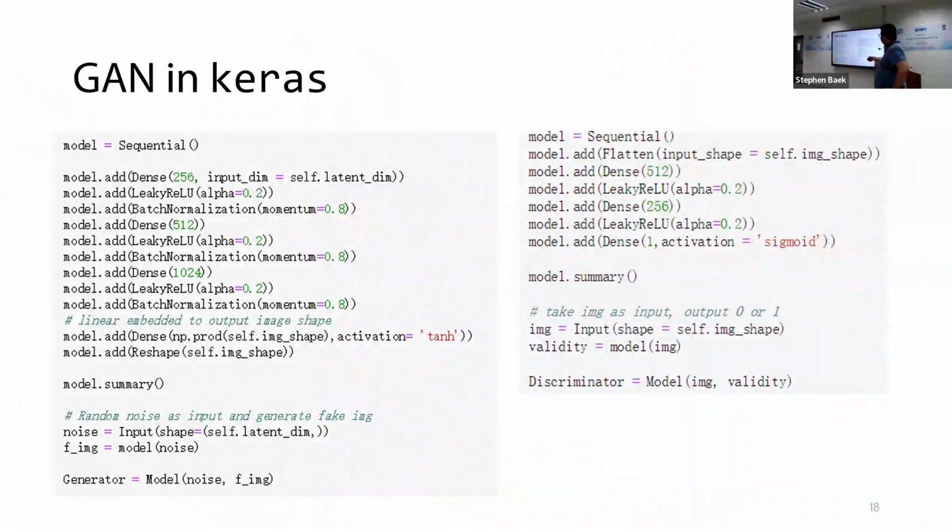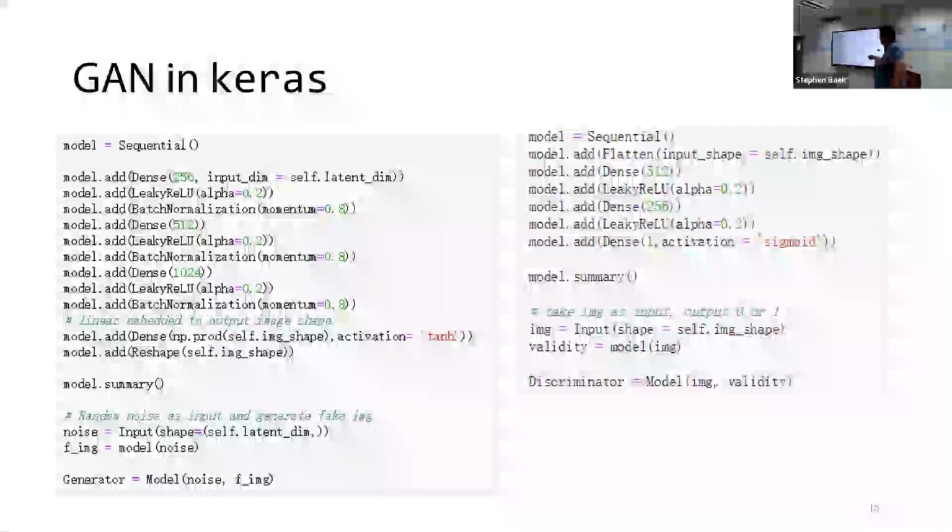As a matter of fact, this is the implementation of the generator and the discriminator in TensorFlow. This is not PyTorch, but you should be able to understand the structure of the code. So we have the linear layer, which in TensorFlow is called a dense layer, followed by leaky ReLU.